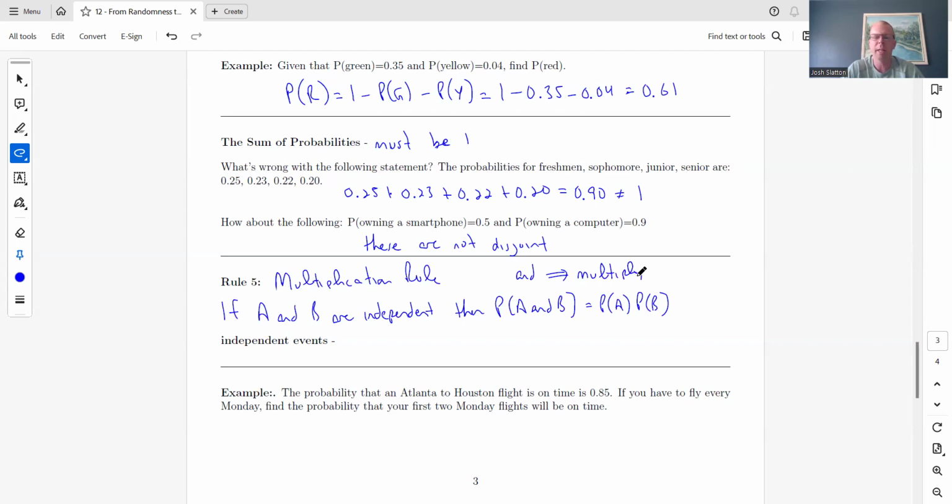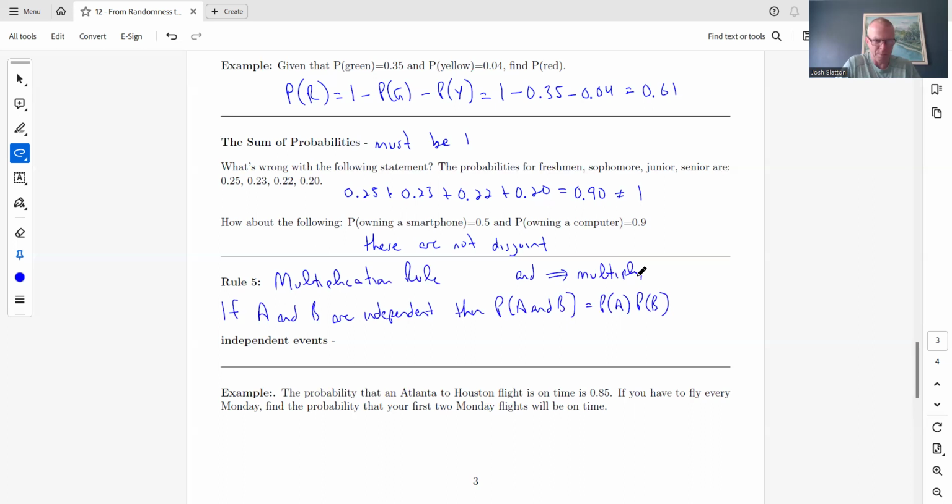We will use those a lot, and it just makes things a lot easier if you can remember that and will always mean multiply and or will always mean add. There are different ways we can multiply and different ways we can add, but generally speaking, those words translate to those mathematical operations.